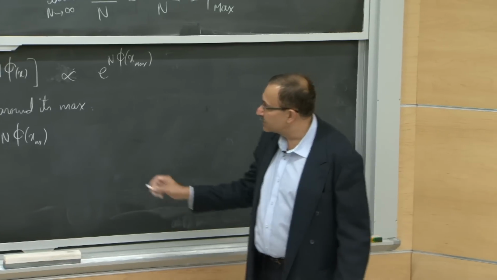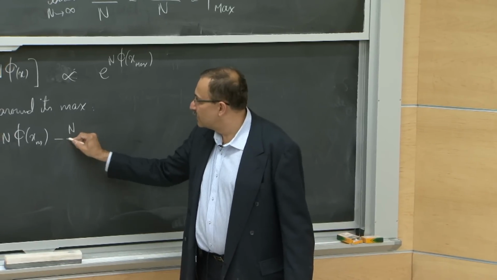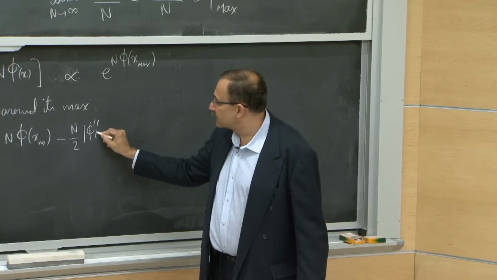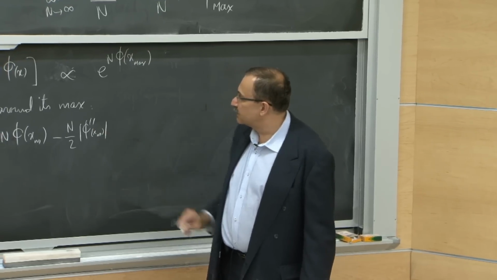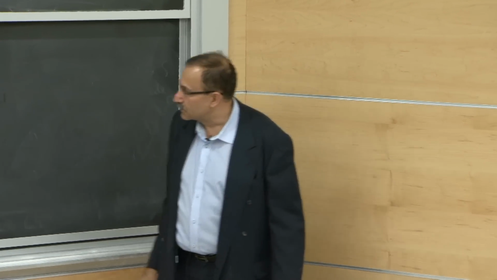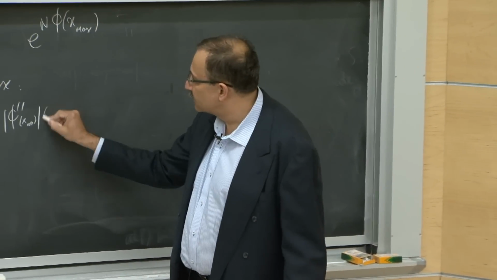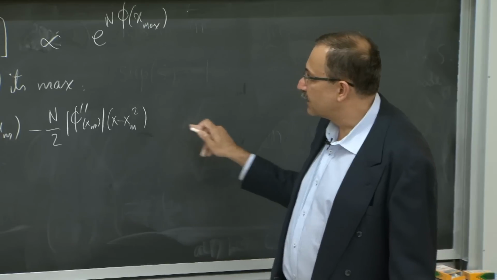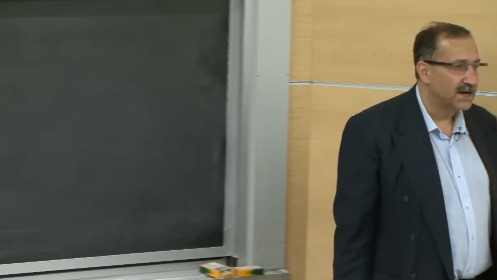Again, if it is a maximum, the second derivative, phi double prime evaluated at this xm, would be negative, and that's why I indicate it in this fashion, to sort of emphasize that it is a negative thing, x minus xm squared.